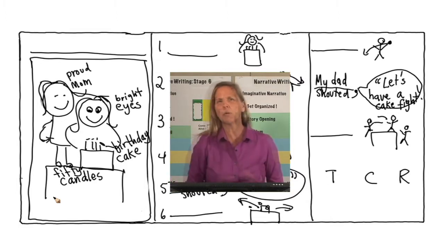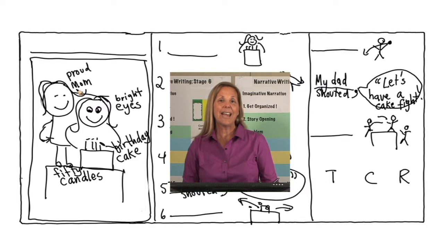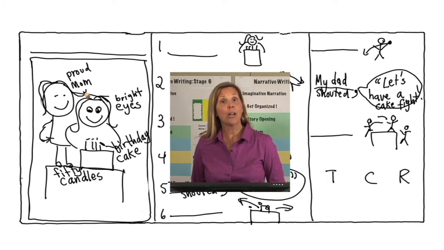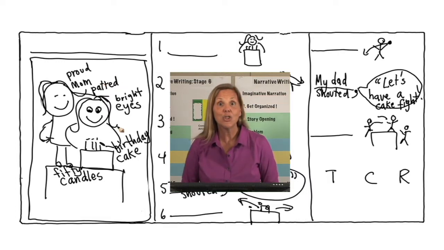After labeling each noun with an adjective, we'll go back and see if we can add a powerful verb. Verbs are the most powerful part of speech. Everyone knows that. Let's see if we can add a powerful verb to our nouns. Go back to my proud mom. What did my proud mom do in this picture? Oh, she patted me on the back. Let's write patted. What did my bright eyes do as I looked at the candles?